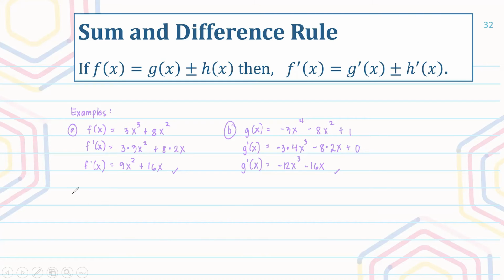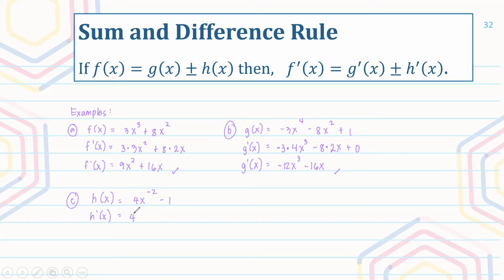Okay, and lastly, let's have here h of x is equal to 4x raised to negative 2 minus 1. So h prime of x, first let's differentiate our first term, applying the constant multiple rule.